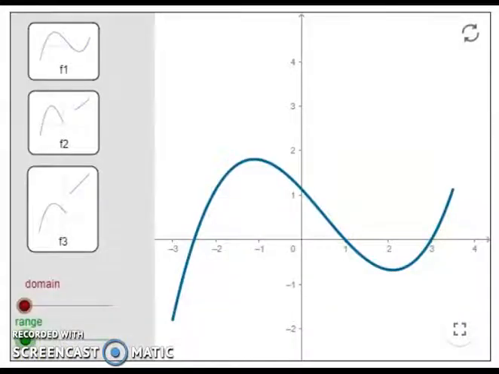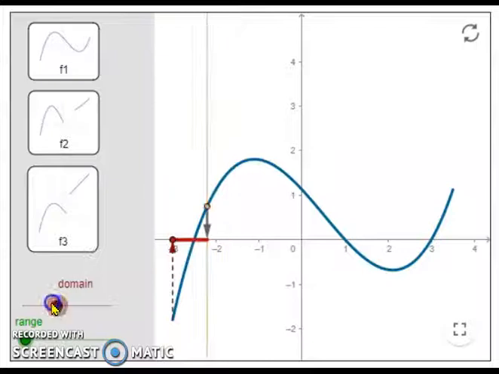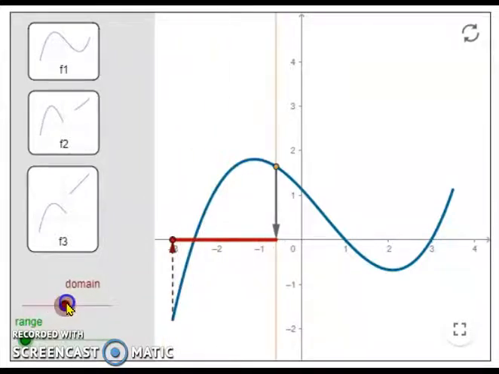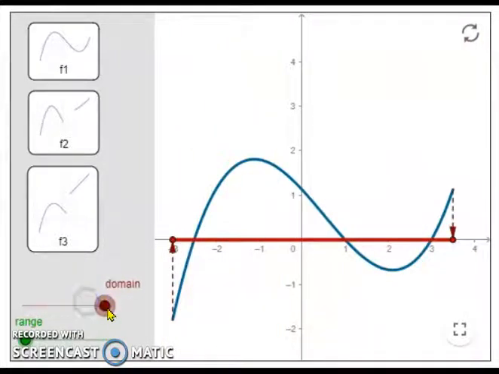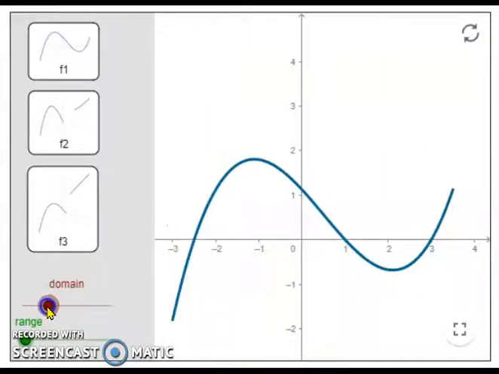To give more illustration of the domain and range, let us consider this function f1. Okay, so again, if you observe this yellow point, if you trace it back to the x-axis, that will correspond to this input.